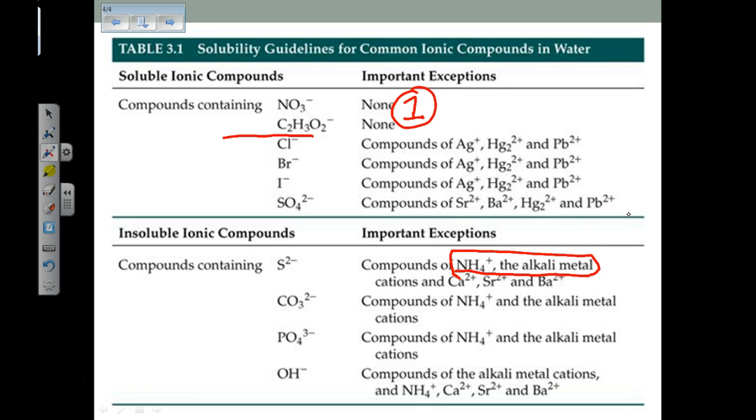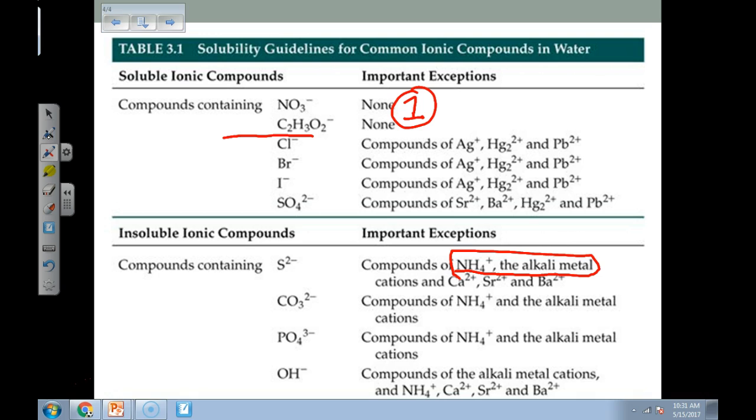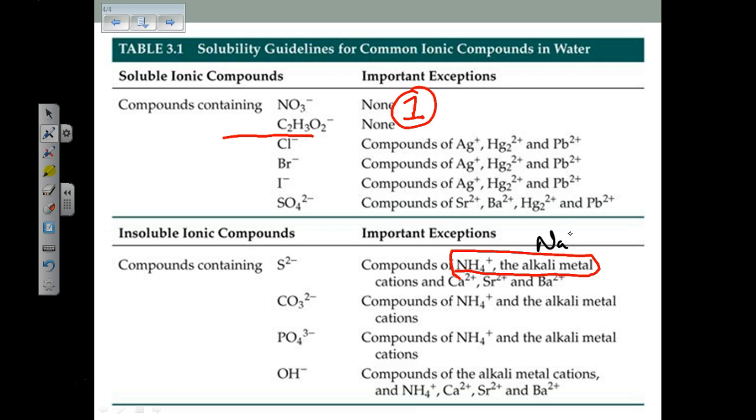We don't use francium in compounds very much, so you can skip that one. And then ammonium. So that comprises the list of everything that is always going to be soluble. So that's how I know sodium chloride is going to be soluble, because sodium is an alkali metal. Na falls under the alkali metals. I'll put a 1 next to this one as well.